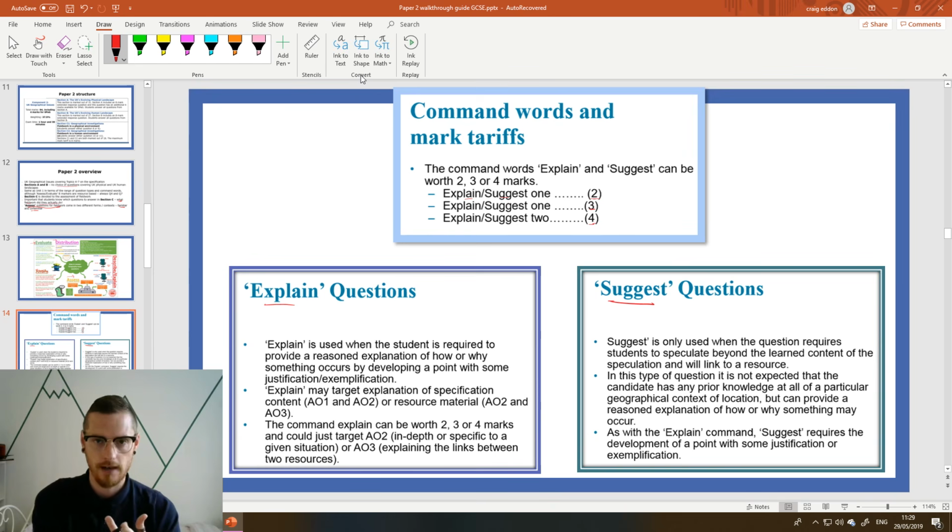So you make a point and you develop it with a key phrase, like this leads to, this means that, as a result. They're the key phrases that I want to see. Suggest questions, same idea, same principle. Point, develop it with this leads to, this means that, as a result, a key phrase. But the difference between the two here is suggest will have a resource and you start your point from the resource itself.